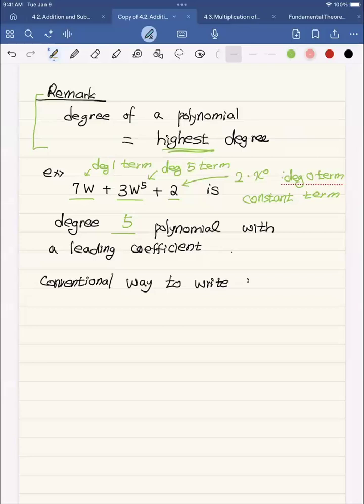And the leading coefficient is associated with the highest degree term, so that's 3. Leading coefficient is not the number that appears first; it is the one associated with the highest degree term.